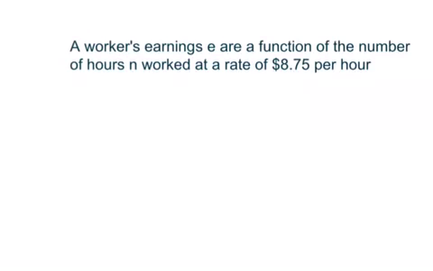Next one. A worker's earnings E are a function of the number of hours N worked at a rate of $8.75 per hour. Okay, so taking a few notes on this, E is a function of N. That means E is the output and N is the input.